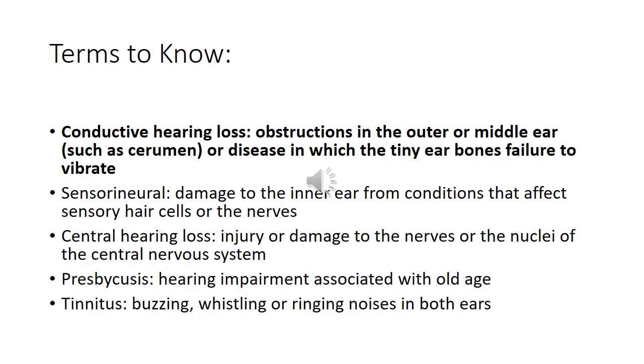Sensorineural is the damage to the inner ear from conditions that affect sensory hair cells or the nerves. Central hearing loss is the injury or damage to the nerves or the nuclei of the central nervous system. Presbycusis is the hearing impairment associated with age, and tinnitus is the buzzing, whistling, or ringing noises in both ears.